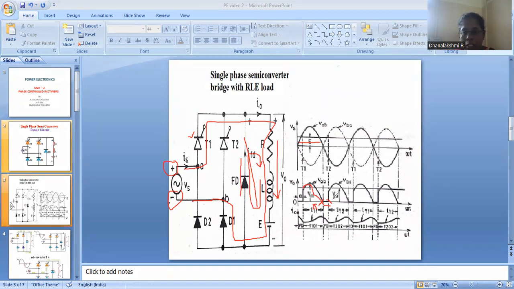That's why during this freewheeling period, the voltage becomes zero. This happens because when the freewheeling diode conducts, it becomes shorted, and in a short-circuited path the voltage is zero. Since it is parallel to the load, the voltage across the load will also be zero.